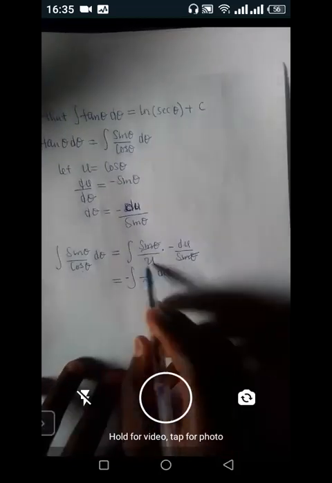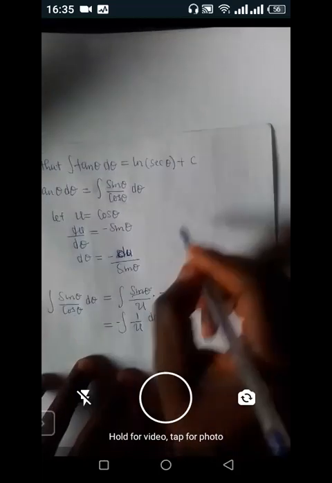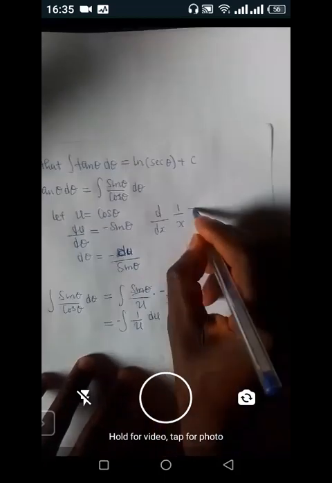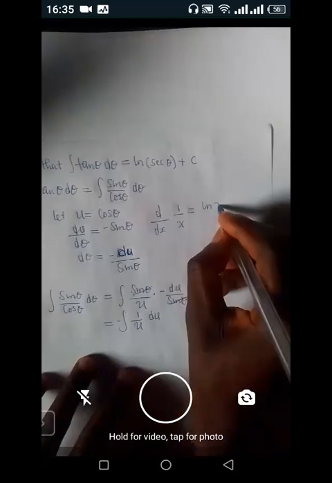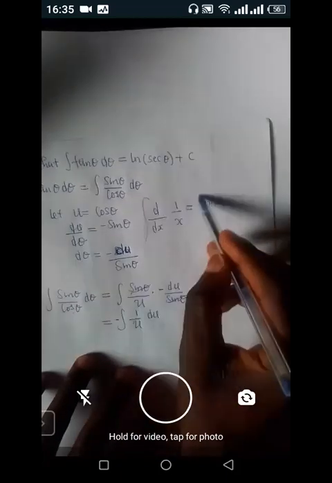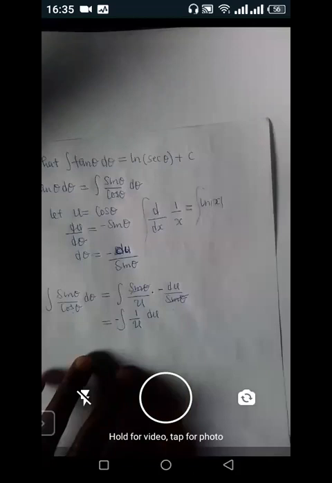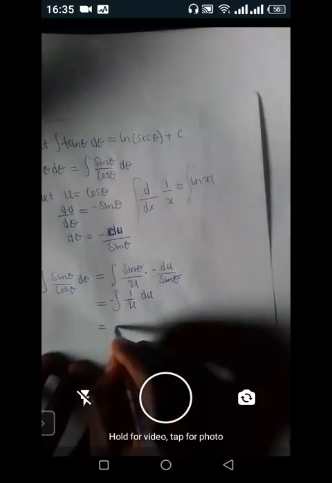But this one, guys, it's unfortunate we never looked at this, but when you differentiate ln x, you get 1 over x. So when you integrate 1 over x, you get ln x. So this one is equal to minus the ln of u plus the constant.